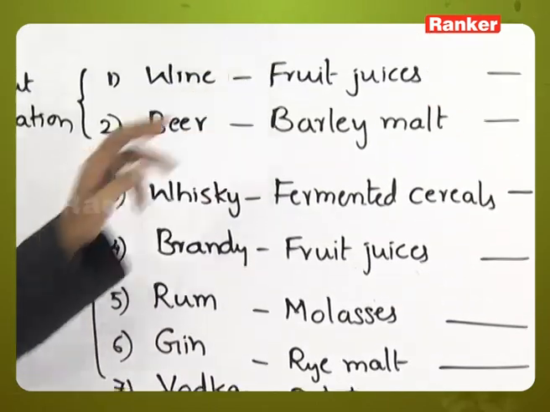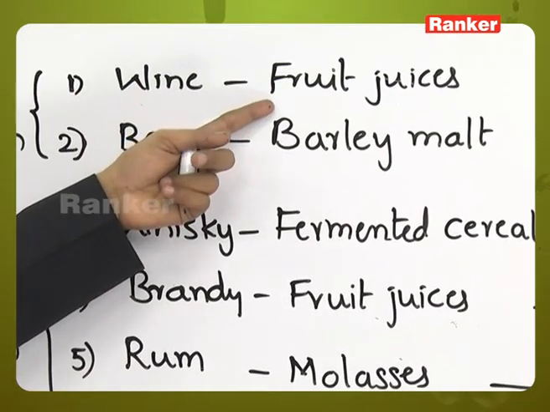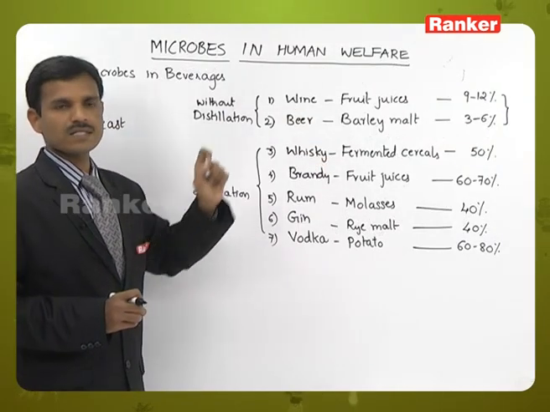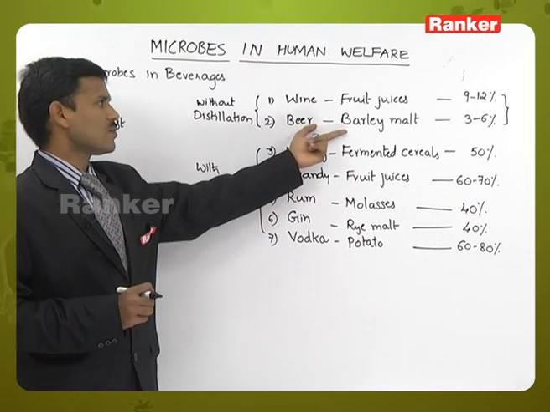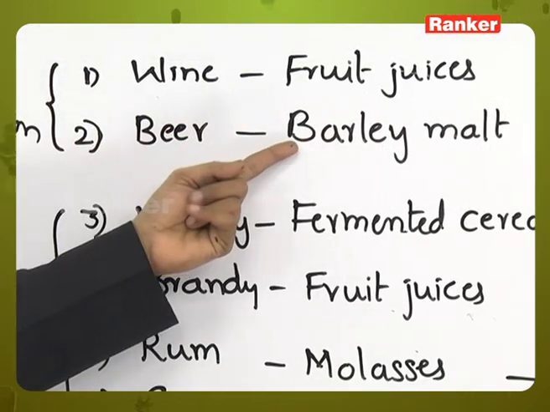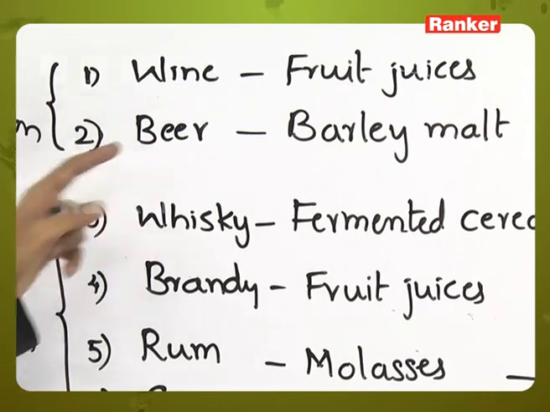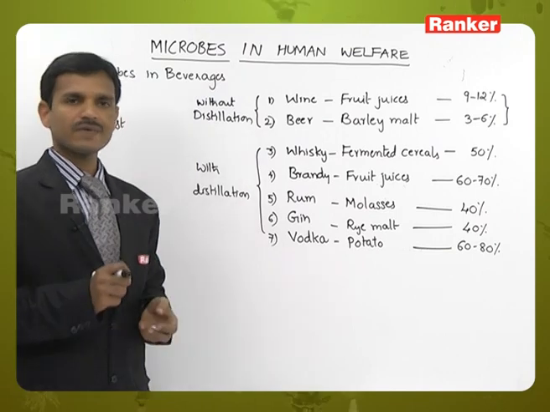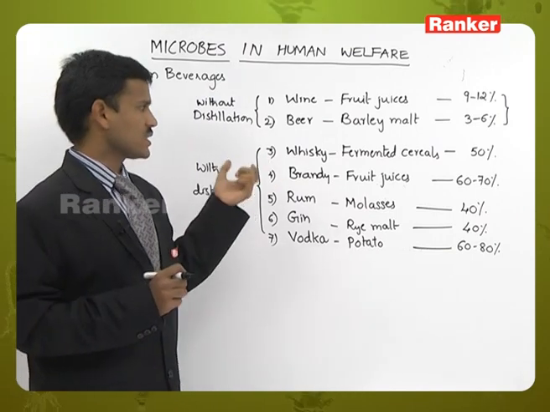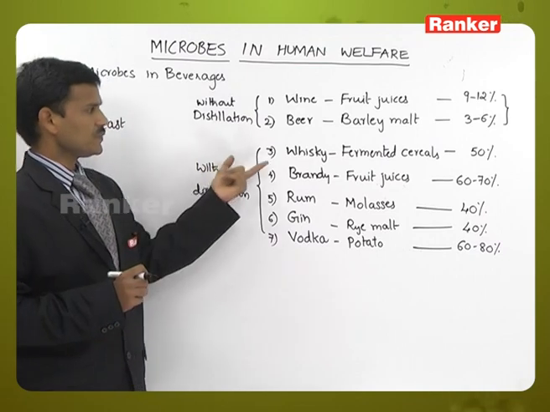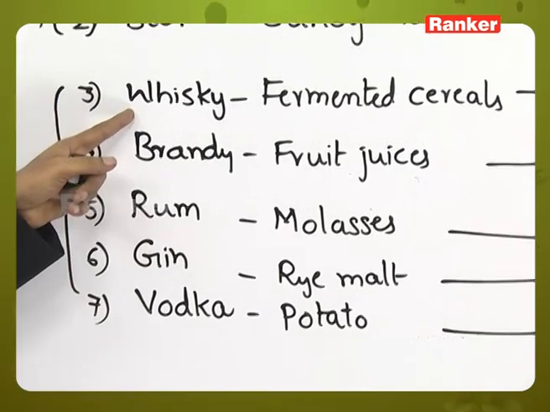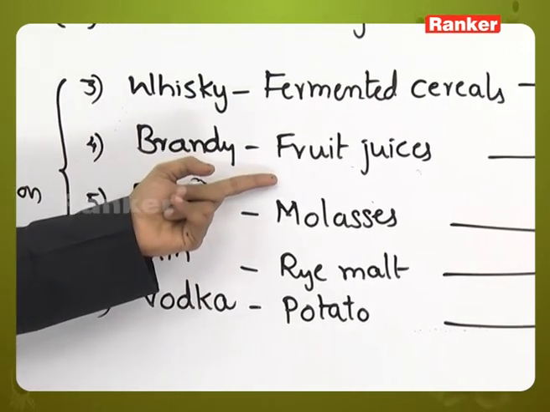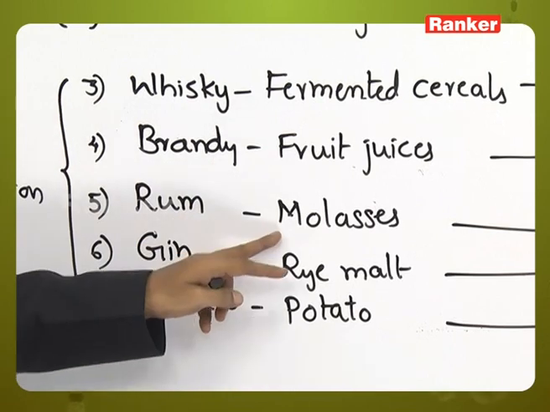Fruit juices like grapes are used for wine. Barley malt, or malt sugar, is used for beer. Fermented cereals like rice, wheat and maize are used for whiskey, and brandy is also produced from fruit juices.